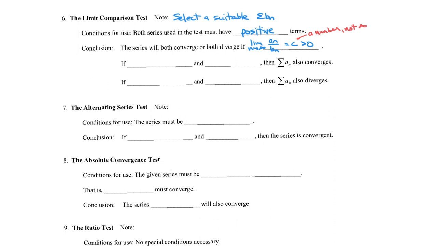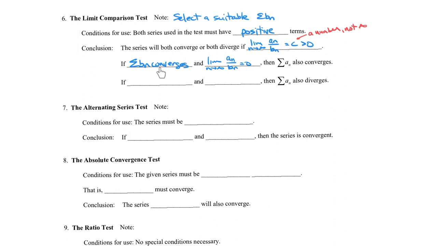But there's another two parts to this. So if b sub n converges and the limit as n approaches infinity of a sub n over b sub n equals 0, then a sub n also converges.